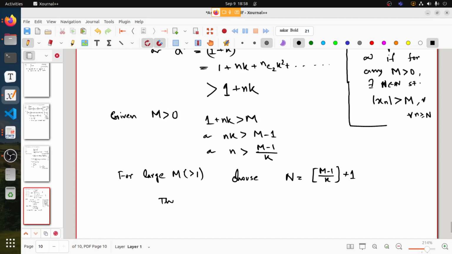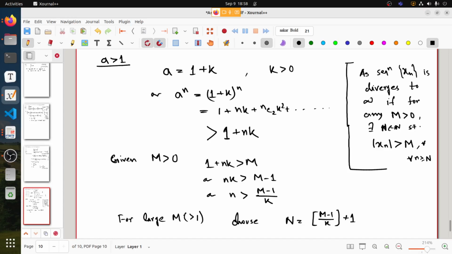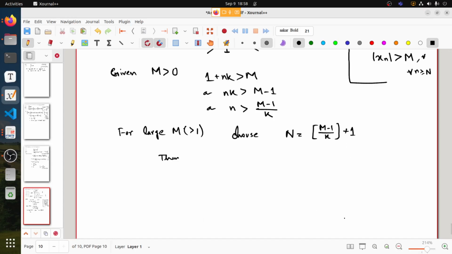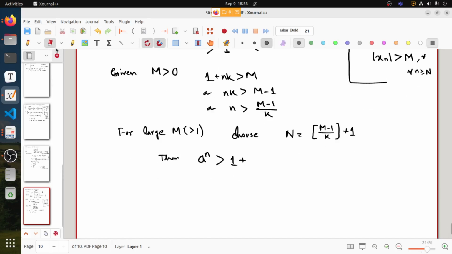Then if you choose this n, what happens? 1 plus nk is greater than m, which means a to the power n is greater than 1 plus nk, and since we chose 1 plus nk greater than m, this will be greater than m.